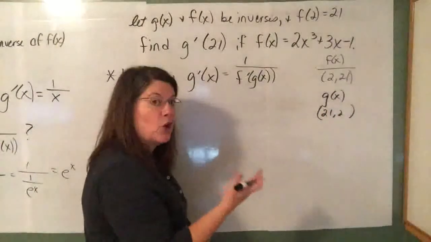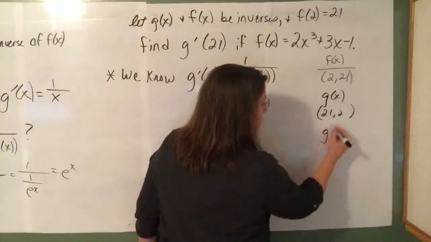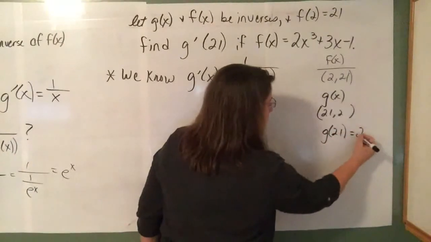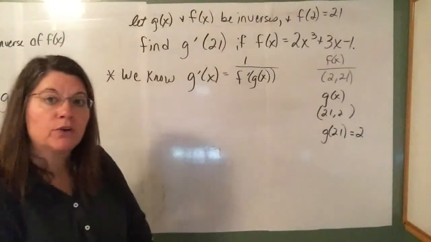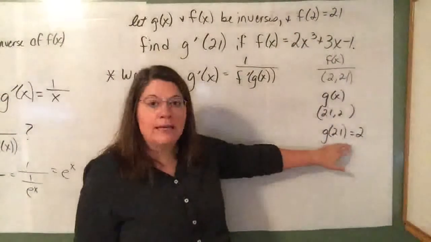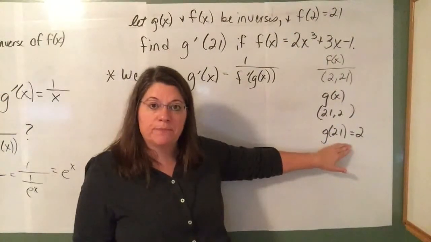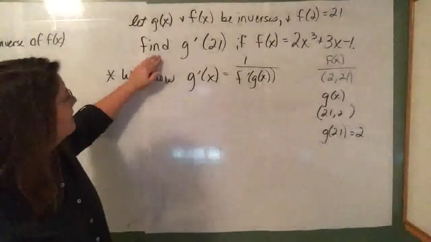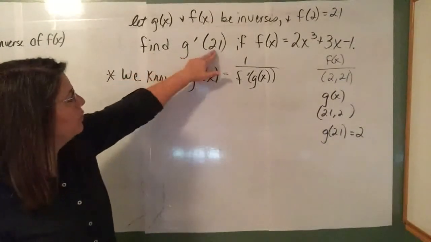Or in other words, don't we know that g of 21 has to be equal to 2 in that inverse function? So we're using that ordered pair to find an ordered pair in the g function. Then they're asking us to find g prime of 21.